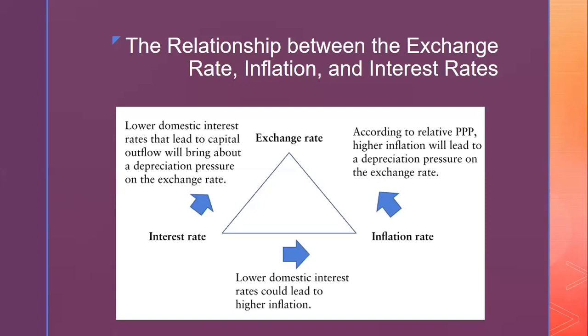When the demand for foreign currency increases, on the other hand the demand for the domestic currency decreases, so it will result in depreciation pressure on the exchange rate. So you see the central bank influenced only the interest rate by keeping it low, but ultimately it created an adverse impact on the exchange rate, because now our exchange rate is depreciated. That's the relationship between the exchange rate and the interest rate.